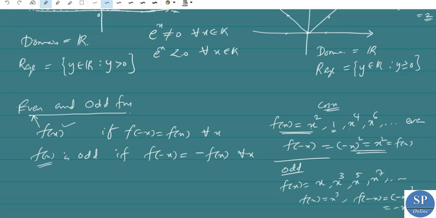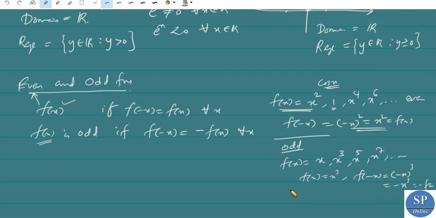Okay, so this is minus f of x. So f of x is an odd function here. Another example of an odd function is sin x. F of x equal to sin x is an odd function, because sin of minus x is equal to minus sin x, but cos of minus x is equal to cos x itself. So cos x is an even function and sin x is an odd function.